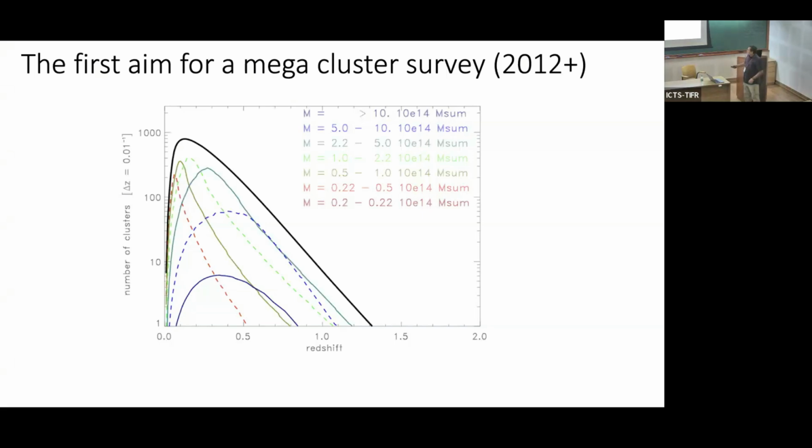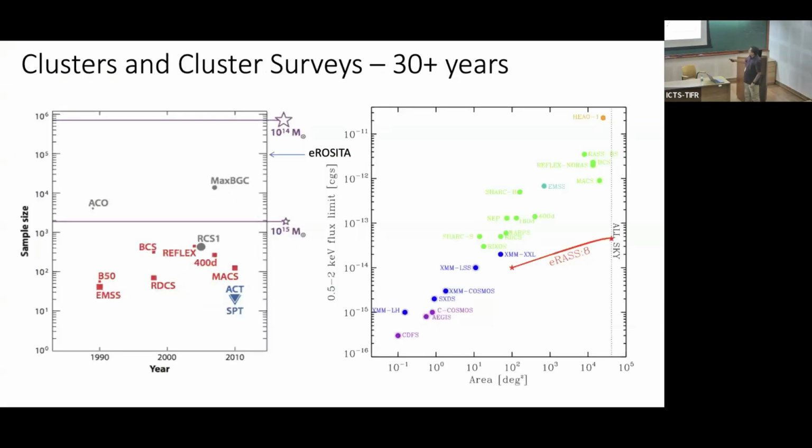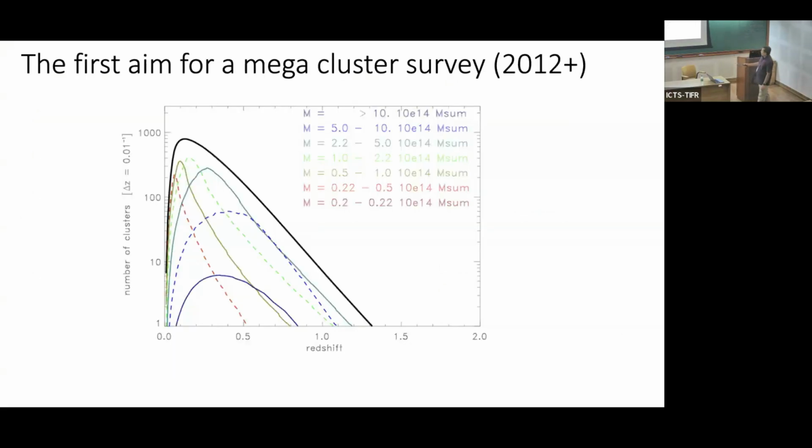So over here, the ultimate cluster survey would be a survey which will count every object over 10 to the 14 solar masses. The aim of eROSITA was to get as close as this. It said that we'll get almost all the clusters over a few times 10 to the 14, X-ray clusters all over the sky, and that will give you 100,000 clusters.